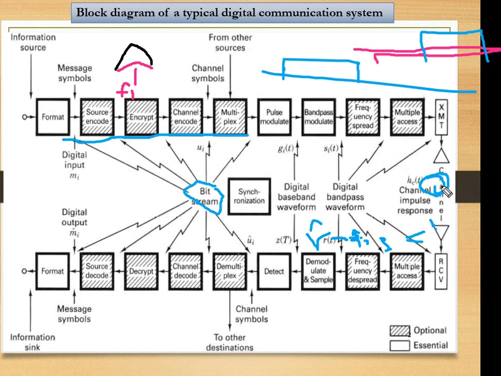So this is the basic thing, the block diagram of a typical digital communication system. This is what we are talking about, and these are the important blocks of this communication.